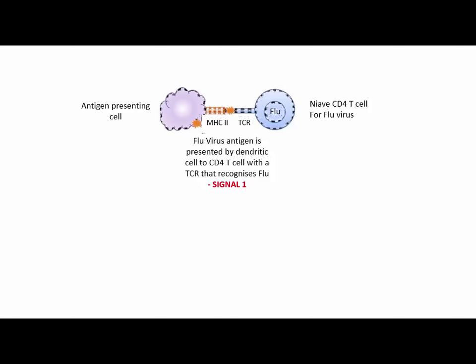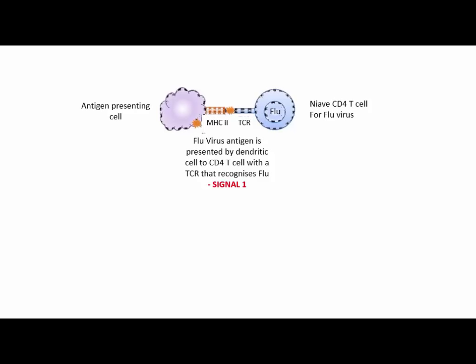The job of the dendritic cell is to find the CD4 T cell that has a T cell receptor that can recognize, in this case, the flu virus. You see the difficulty there? So this dendritic cell arrives with the flu virus attached to its MHC2, and it has to find, in amongst all these cells, the one cell that recognizes the flu virus. But inevitably, it finds that specific cell.